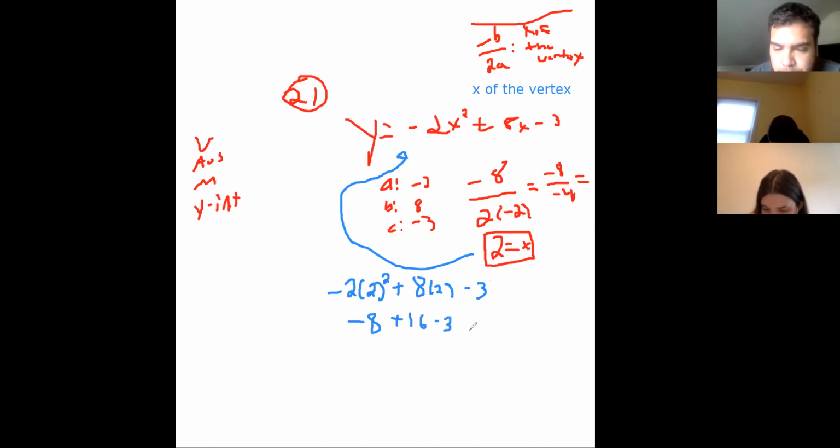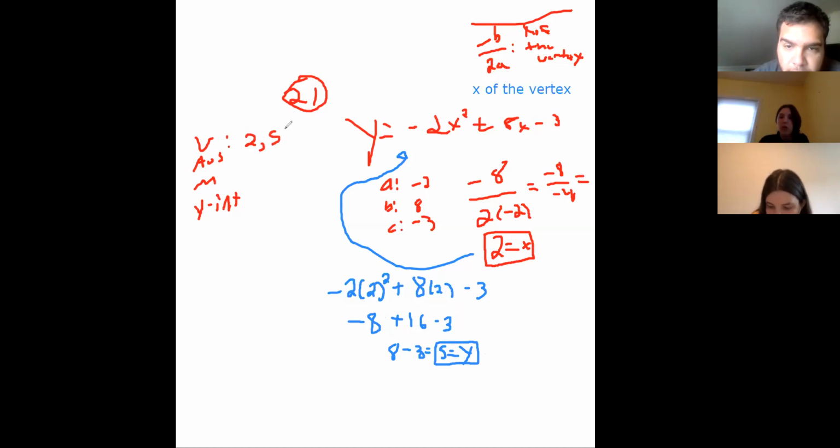And then minus 3. -8 plus 16 is 8, minus 3 is 5. So 5 is my y value. So my vertex is a point on a graph, and that point is (2, 5).